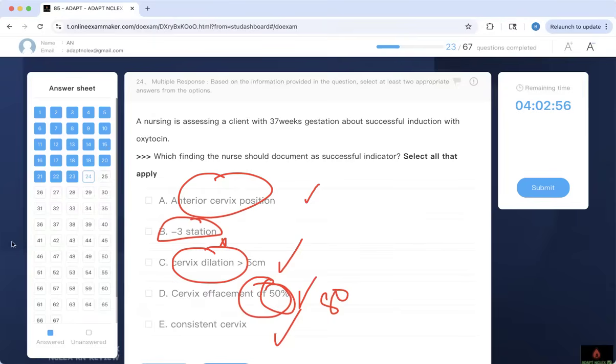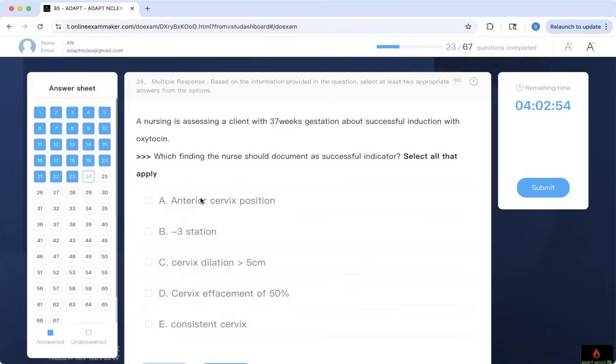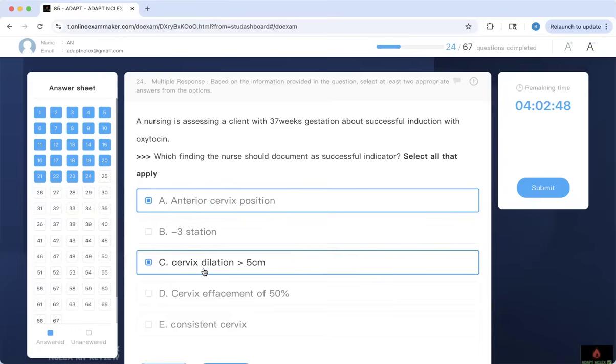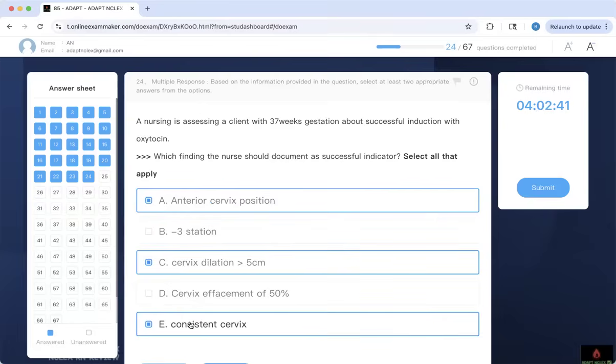Therefore, the right answer is we're going to pick anterior cervix. We're going to leave the negative station. We want cervical dilation, and we want a consistent cervix. Effacement, 50% is halfway. It's not the best. We want something close to 80%, as much as possible.